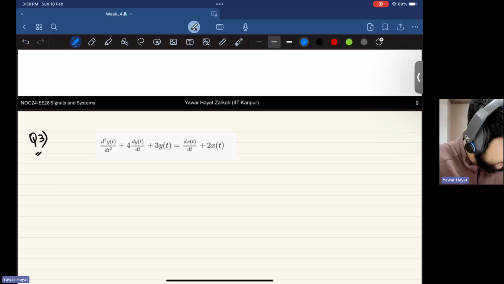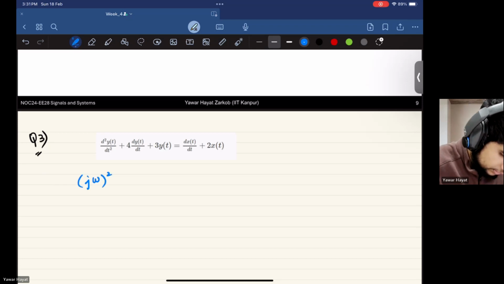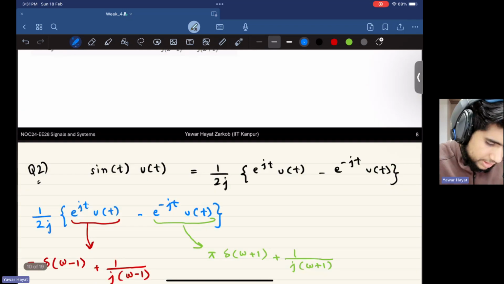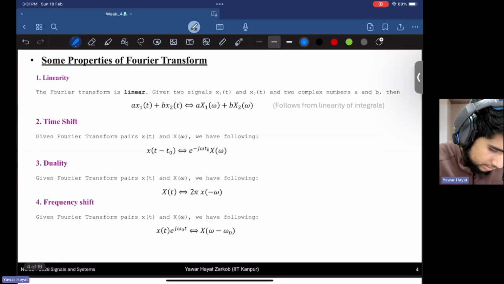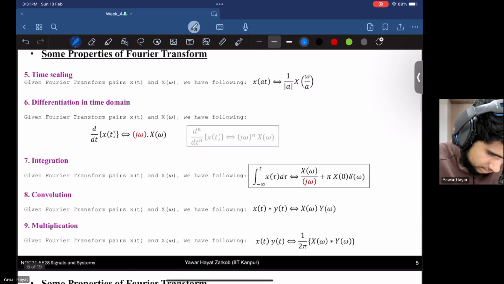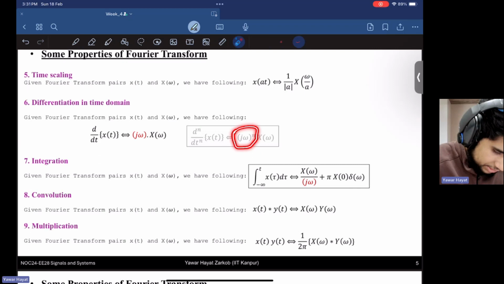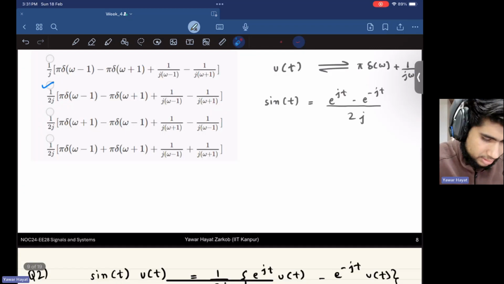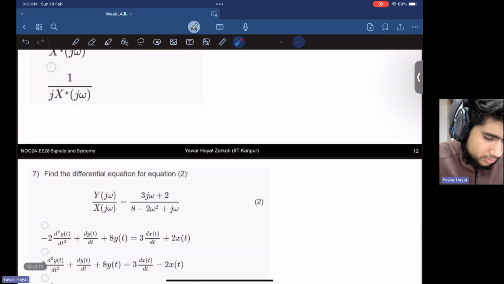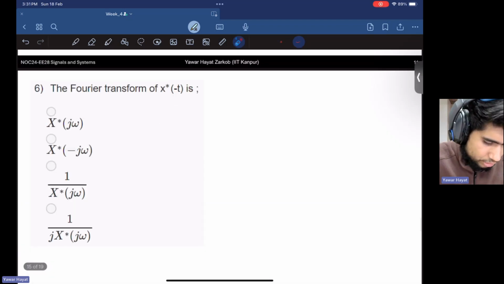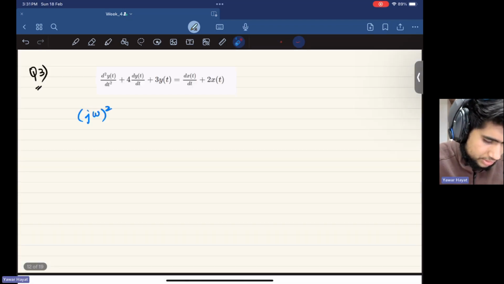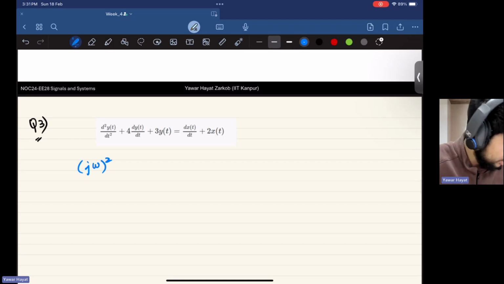Okay, so using Fourier transform, for simplicity, what I'll do is I'll use this property, right? J omega raised power n. If the order was 3, I would have taken j omega raised to power 3, and similarly so on.